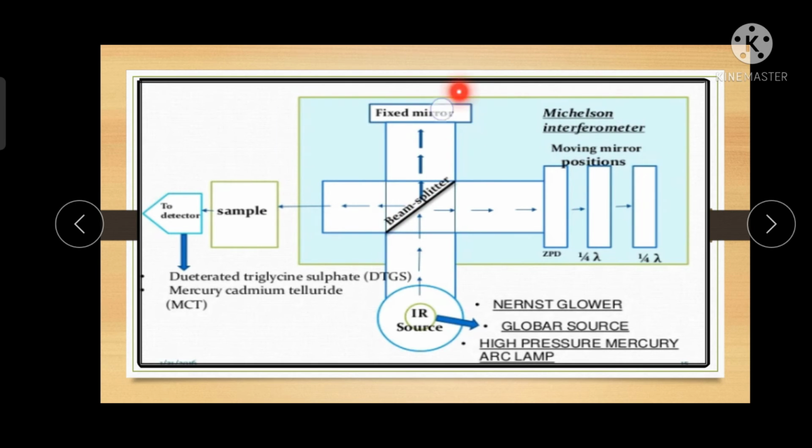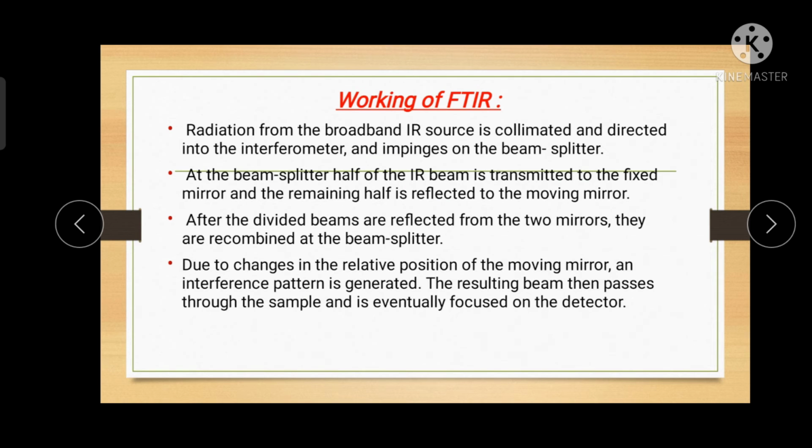Here the position of one mirror is fixed, and the position of the other mirror is moving. Because of that we get a path difference between the beams reflected from the fixed mirror and the moving mirror, and so we get an interference pattern. Due to the changes in the relative position of the moving mirror, an interference pattern is generated.